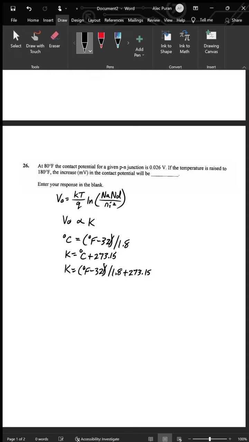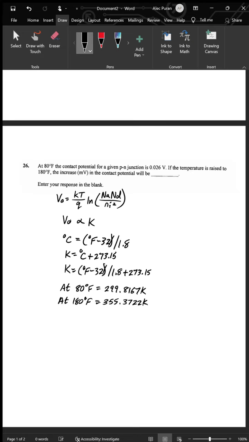And if we continue, at 80 degrees Fahrenheit, if we plug this into the above formula, you get 299.8167 Kelvin. And at 180 degrees Fahrenheit, you get 355.3722 Kelvin.